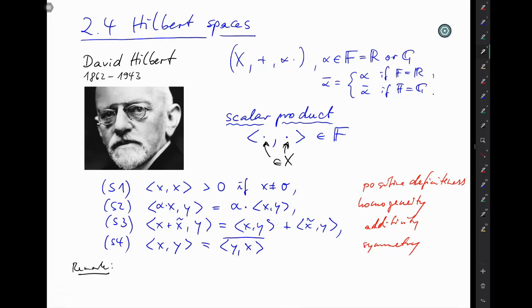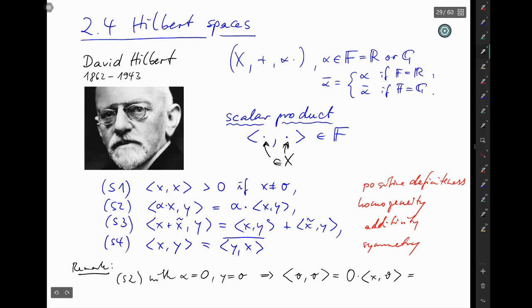If you apply S2 with alpha equal to 0 and y equal to the 0 vector, then you would get that alpha times x, that is then 0, comma y, that is also 0, would give you alpha, which is 0, times x comma y, but no matter what that is, you would get 0.